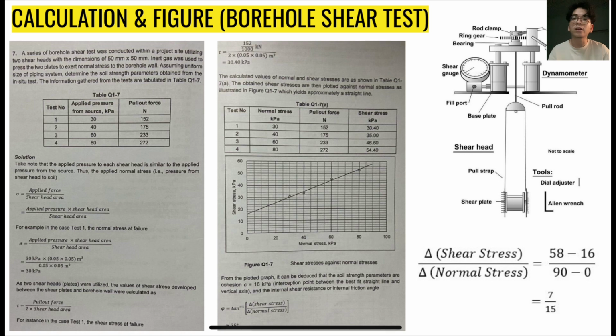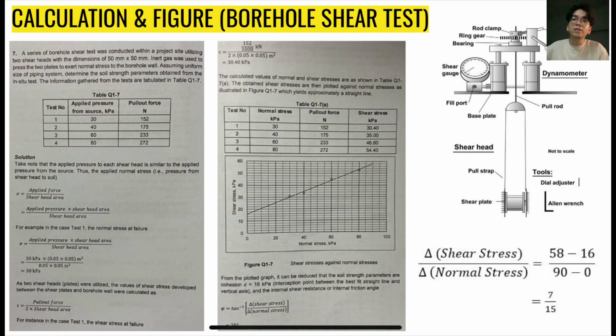From that, we can insert the values from test number 1, which is 30 kPa times the dimension, which is 50 millimeter times 50 millimeter, and change it to meter, and the answer is 30 kPa.